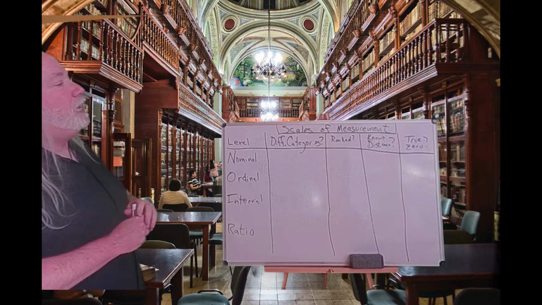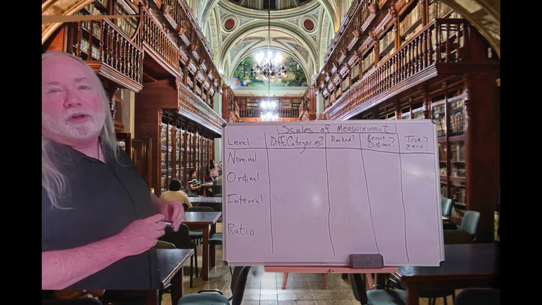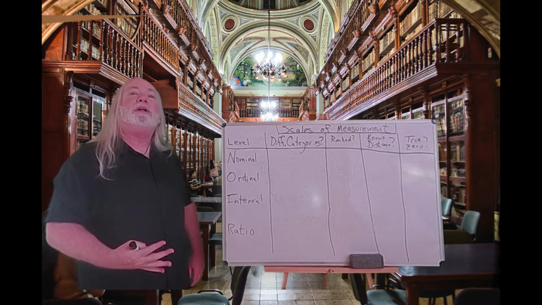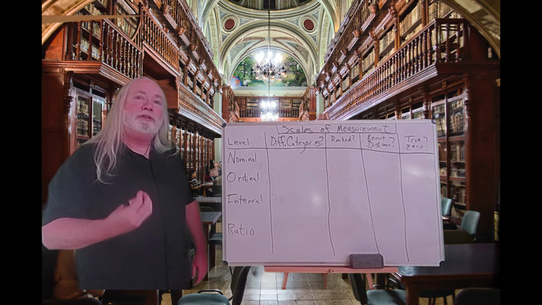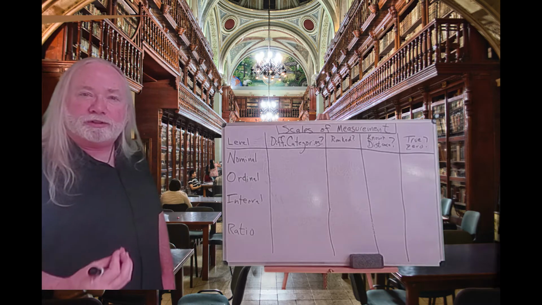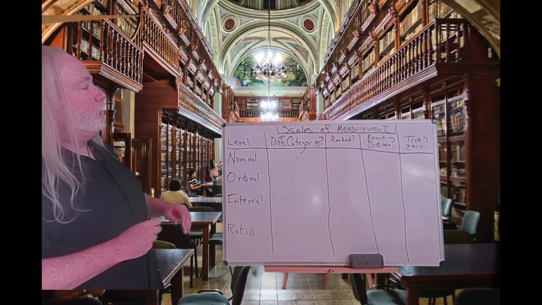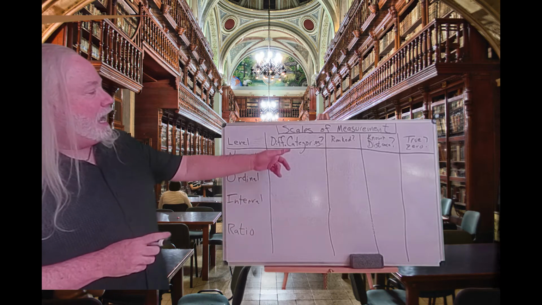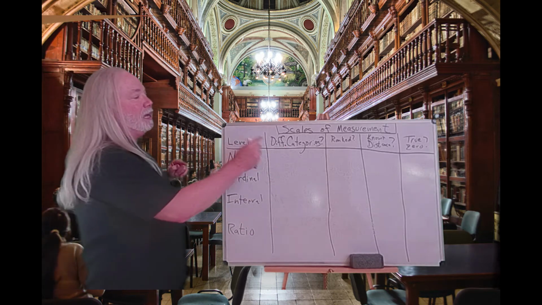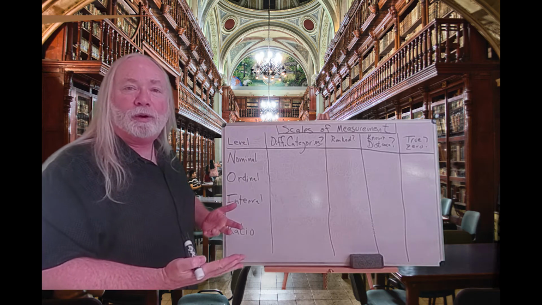So let's go through these categories. The first one, nominal. If we think about that, each of these words is going to give us a clue. Nominal, names. So nominal data is basically data in the form of words, names. So the first column here asks, if you measure something at the nominal level, can you get different response categories?